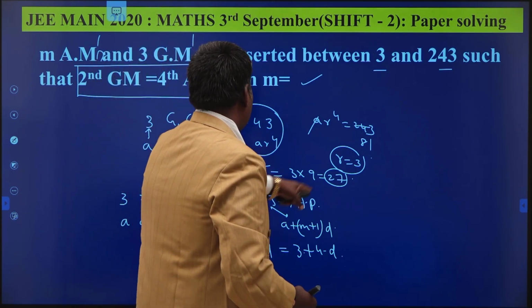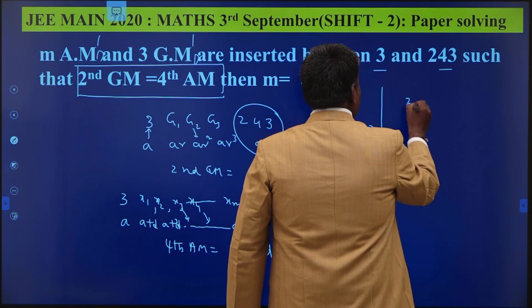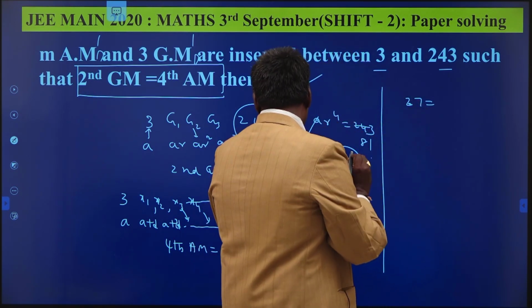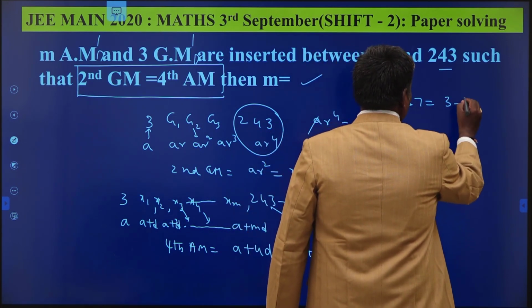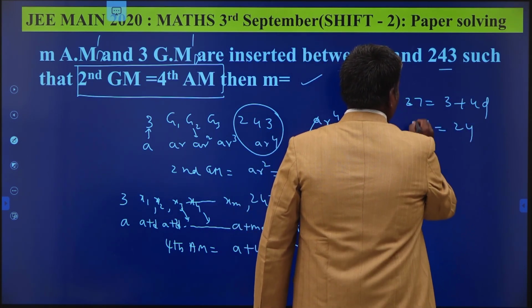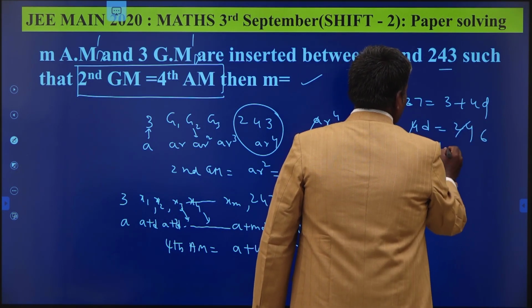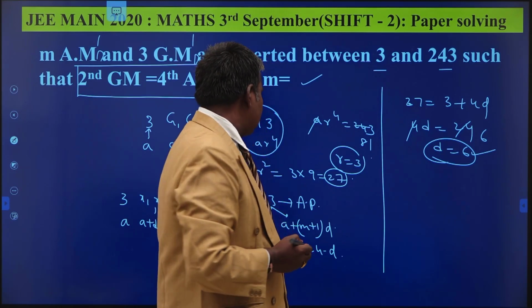Second geometric mean is 27. So 27 is equal to 3 plus 4D, 4D is equal to 24. So your D is equal to 6. This is the common difference.